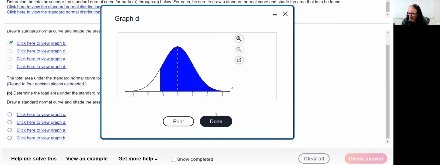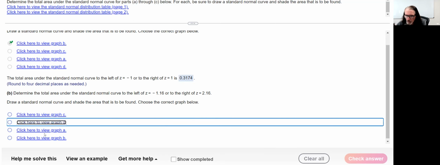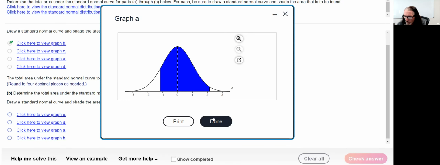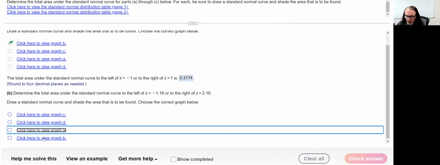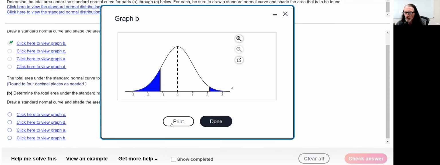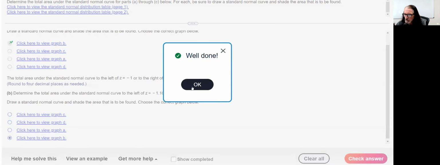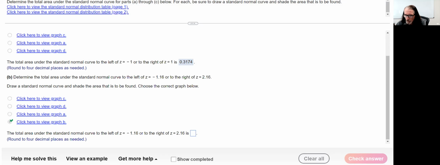This looks like it's just going to the right of negative 1.16. This is showing in between those two when we wanted left of the lower one or right of the larger one. So it looks like it's choice D on this one. And then let's see here, sketch it.